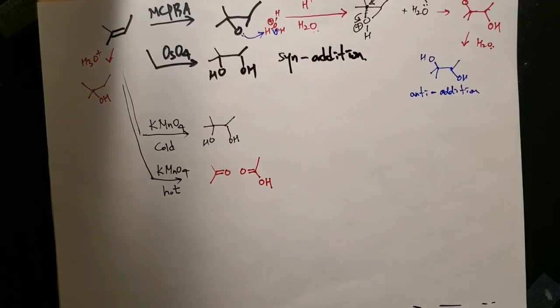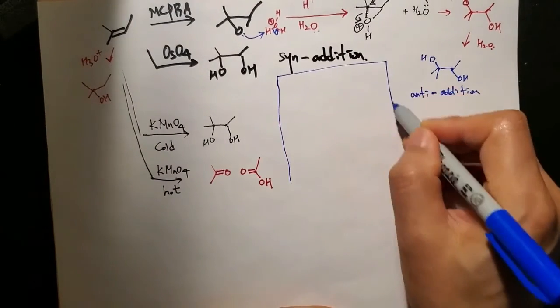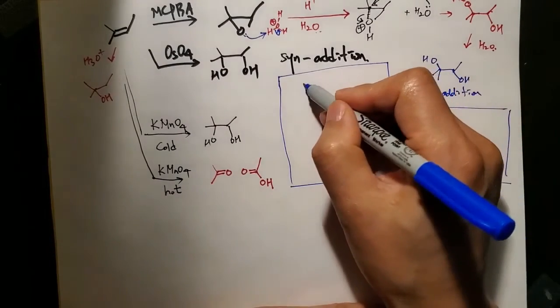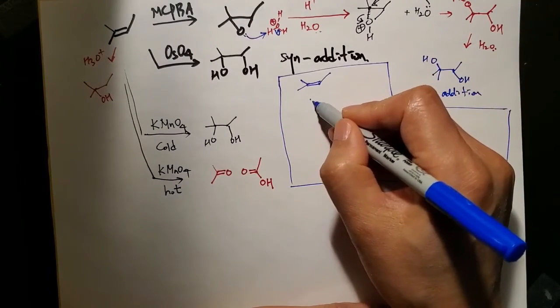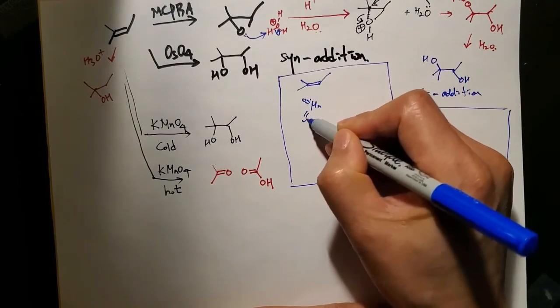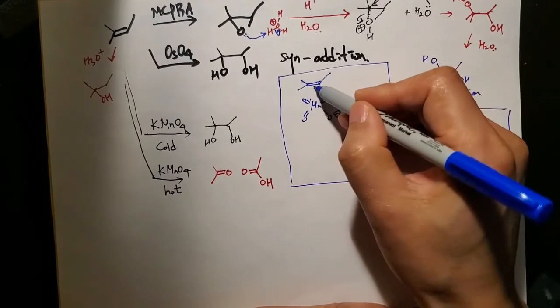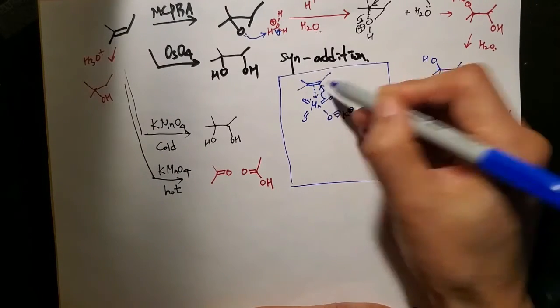So what's happening here? Okay, let me try to squeeze in this box. So you have the double bond and manganese, then electron comes, this goes to the partially positive carbon.